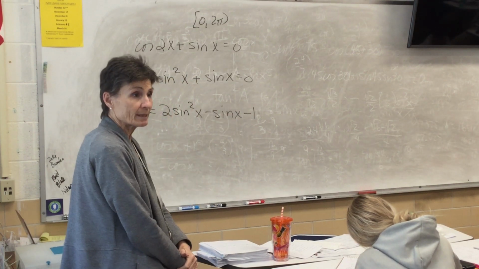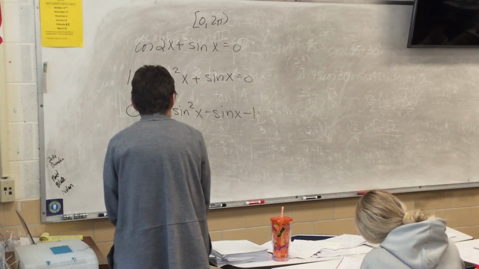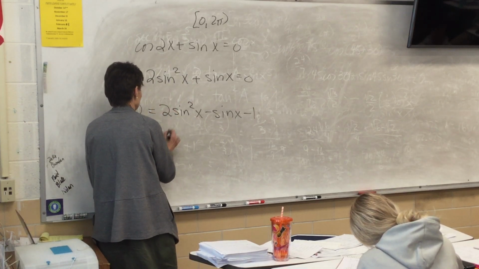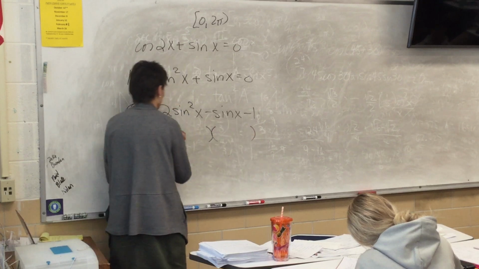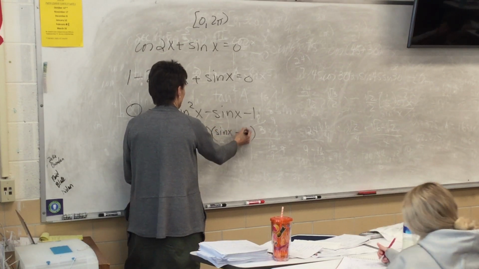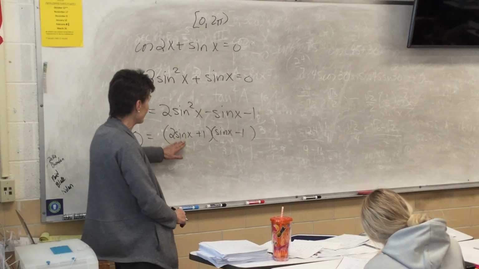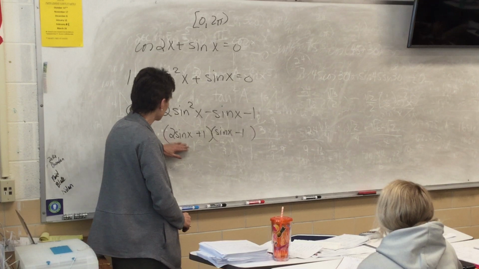Do you see a quadratic there? So now I can factor it. So I have 2 sine minus 1, plus 1, I think. Let me double check that. And when I say double check, I'm foiling it.